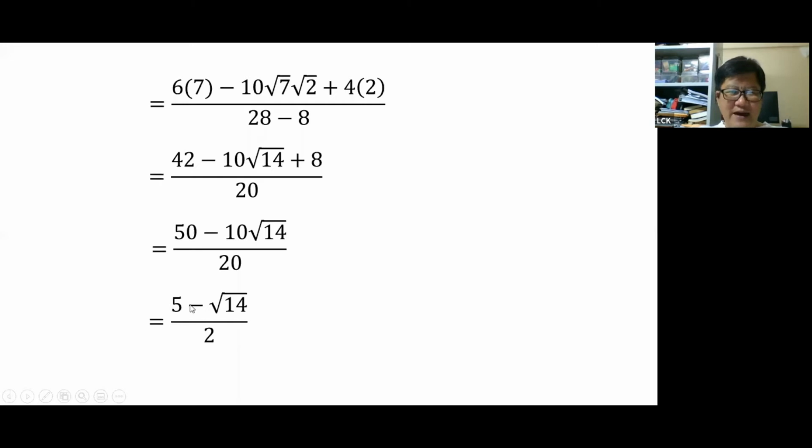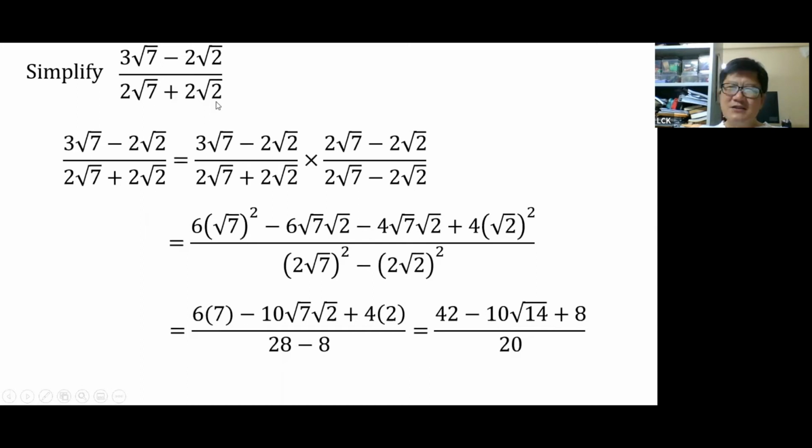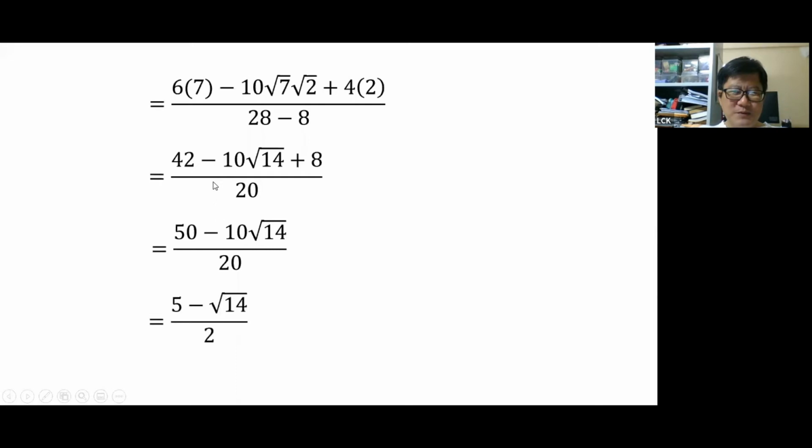You will get 5 minus square root 14 divided by 2. How did I get from here to here? Divide the numerator and the denominator by 10. That's the simplification. So you have managed to simplify this monster, this absolute monster. You have managed to tame this into this particular format. Very, very simple, very tame.